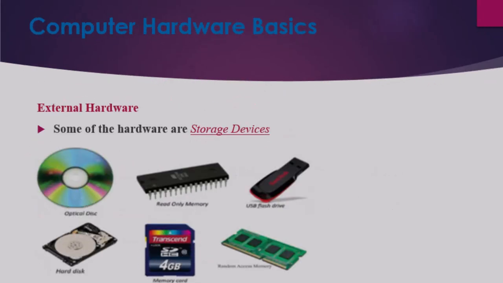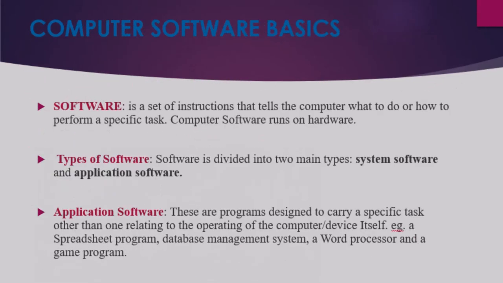We have the motherboard, the ROM, which is the read-only memory, the memory card, the hard disk, the random access memory, and optical discs. All these can be found inside the computer, especially when we open the system unit. Let's go to the software.